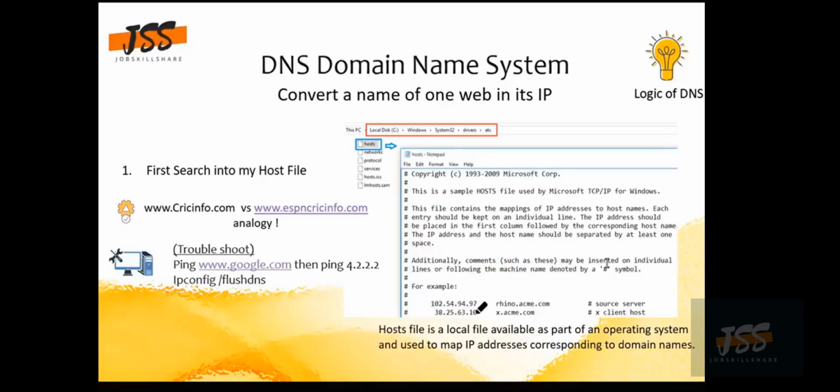Got it. Okay, so there is another troubleshooting tip. Have you ever come across this issue? Let's suppose you are typing www.jobskillshare.org in a web browser. You cannot see the web page in the browser.